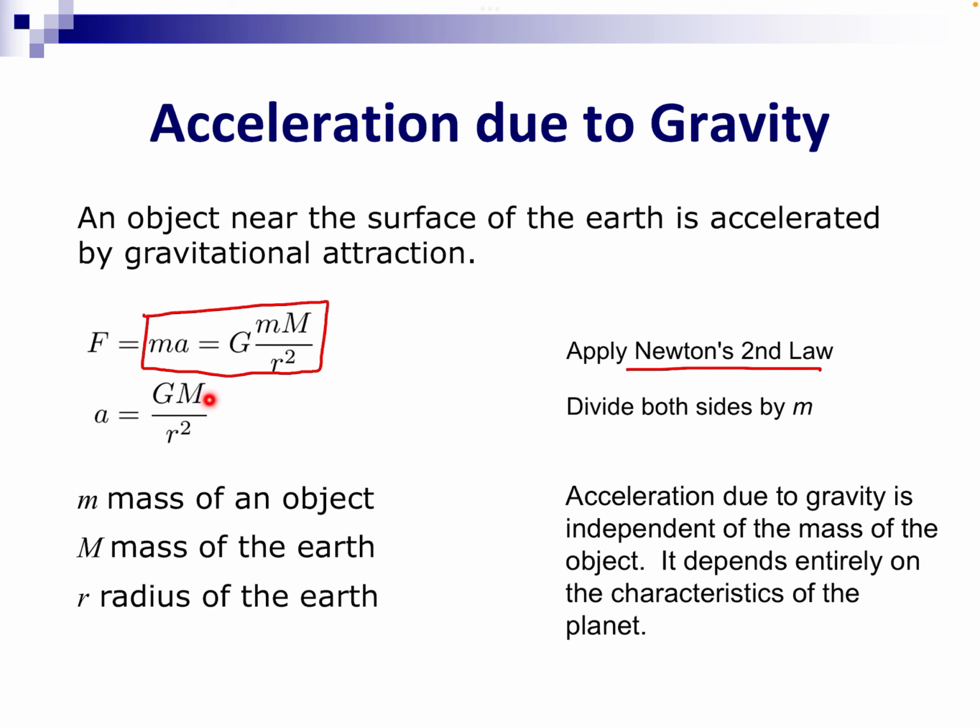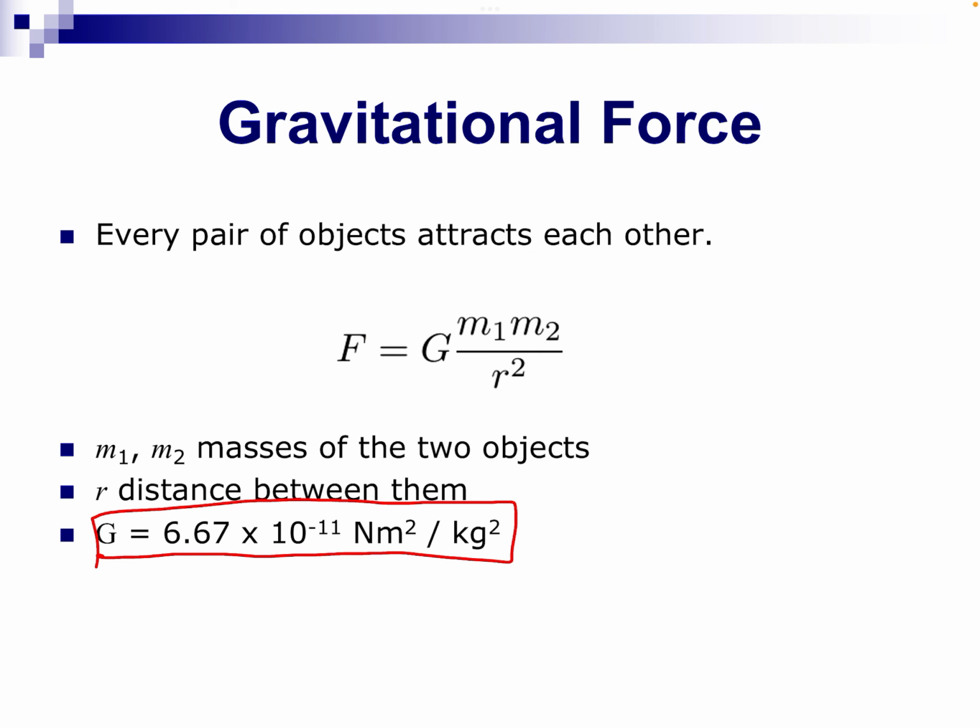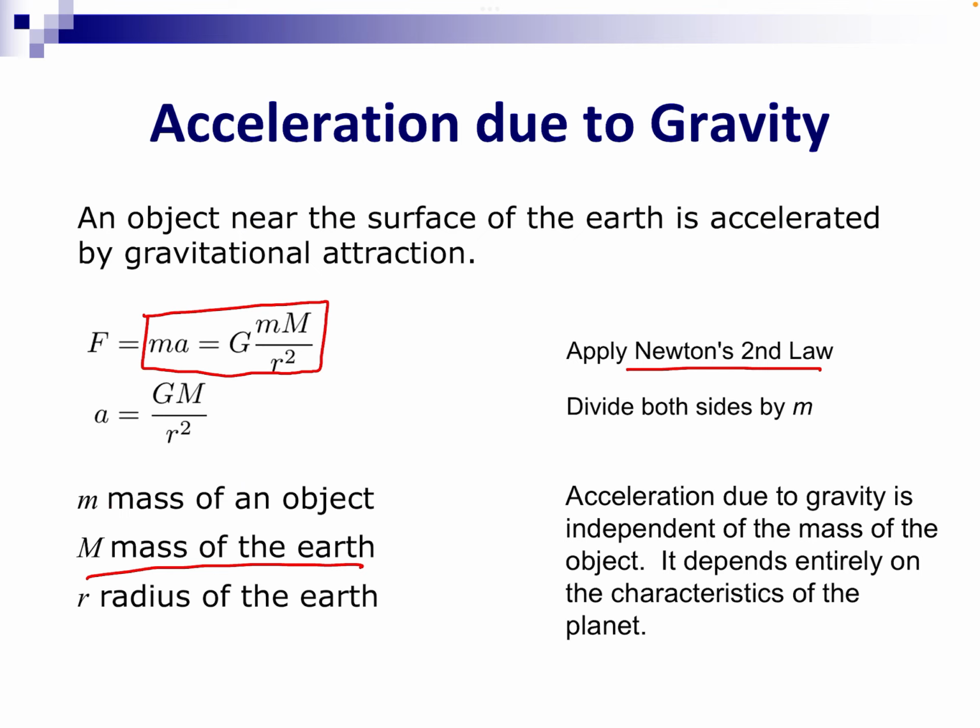gravity times the mass of the Earth divided by the radius of the Earth squared. And if you work out this equation, G capital M over r squared, putting the value of G as this constant number, the value of capital M as the mass of the Earth, and r as the radius of the Earth, you will arrive at the gravitational acceleration g equal to 9.8 meters per second squared.